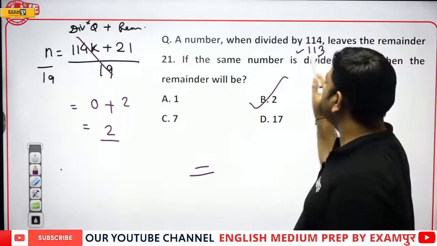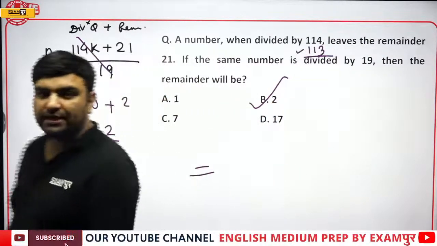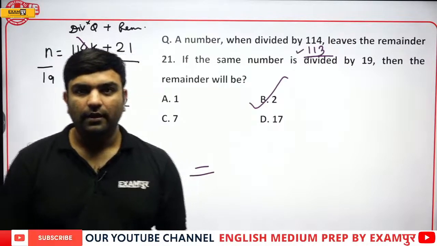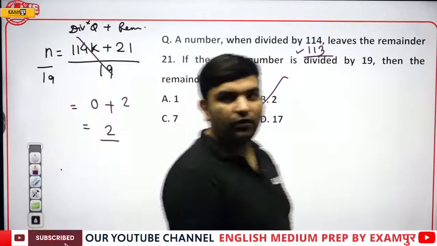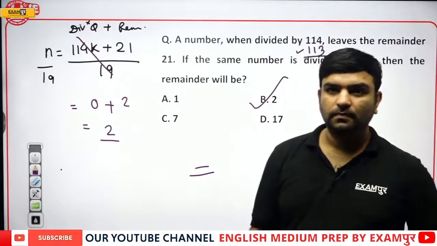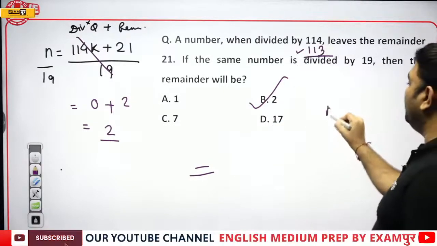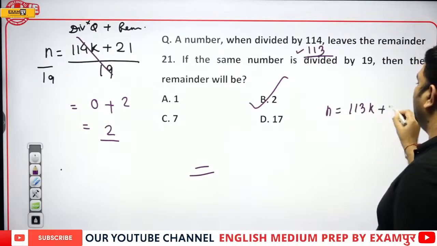Let's suppose I change my divisor to 113. Can you find out the answer now? If yes, what is the answer? You will say, sir, number is of the form 113k plus 21.